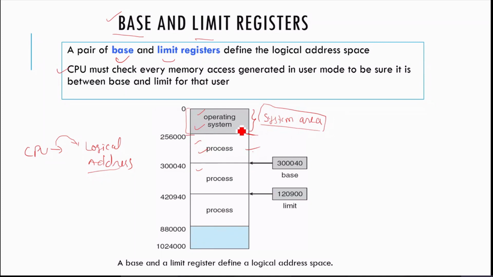No user process can run in this. After that, this much range is the space given for the user programs, so we generally call it the user space. All the programs that we keep here will run here.